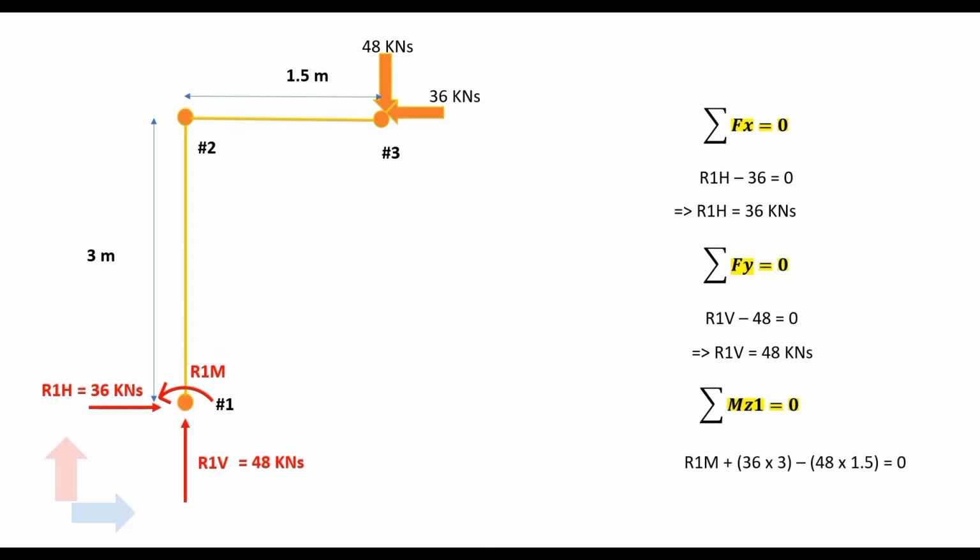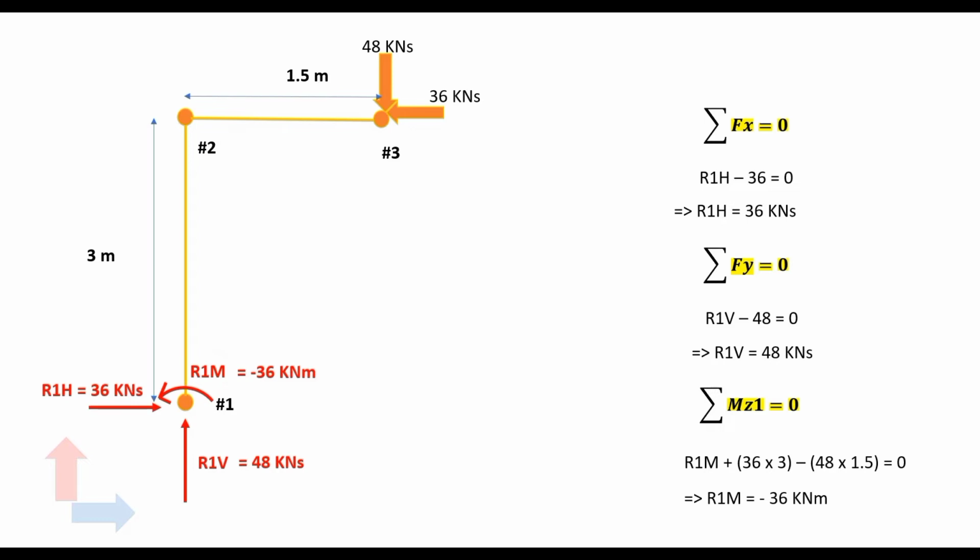Now if you sum all of this up, we'll have R1m plus 36 into 3 minus 48 into 1.5 equal to 0. And if we solve for this reaction, we will get R1m as minus 36 kilonewton meters. So we'll have to write R1m as minus 36 kilonewton meters.